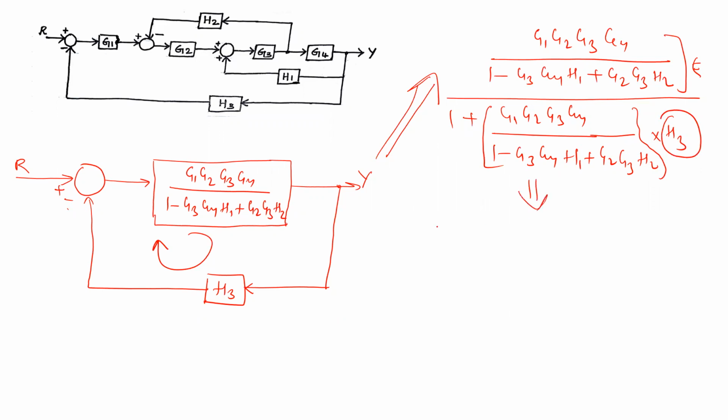And this would give me a simplified version. So I have G1, G2, G3, G4. And now I will take the LCM here. When I take LCM, this will be cancelled out with this one.